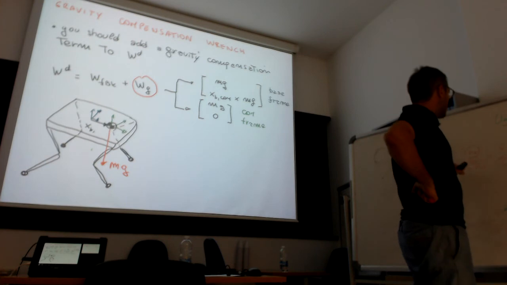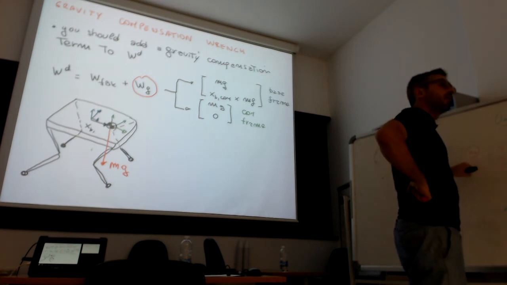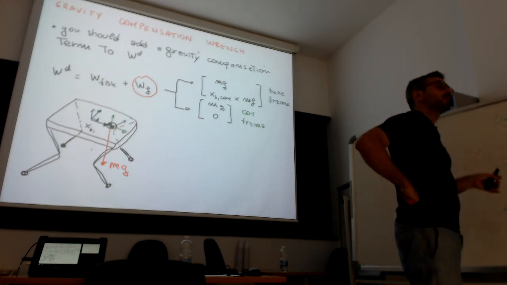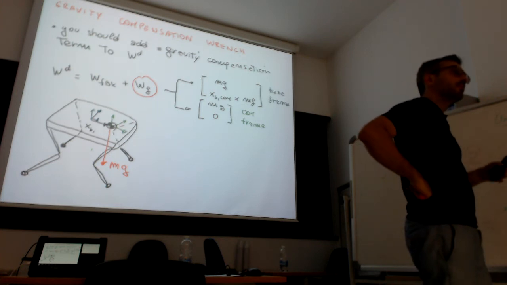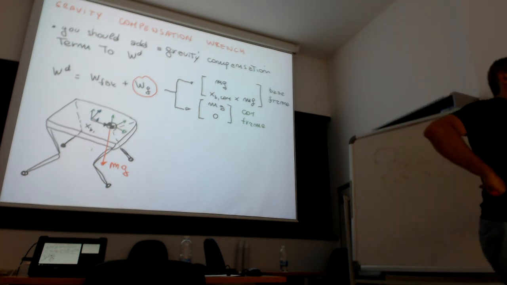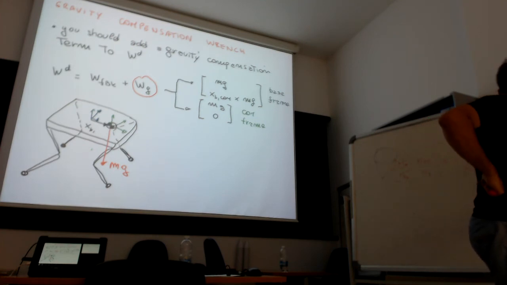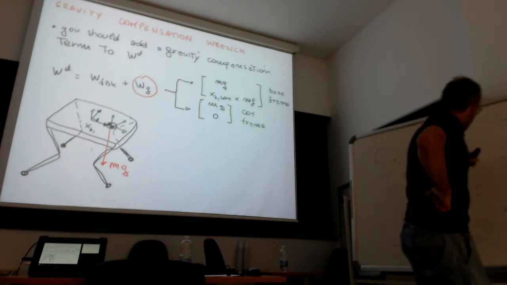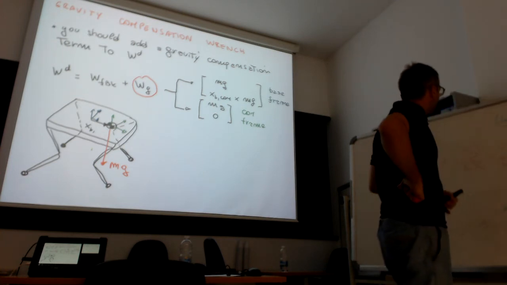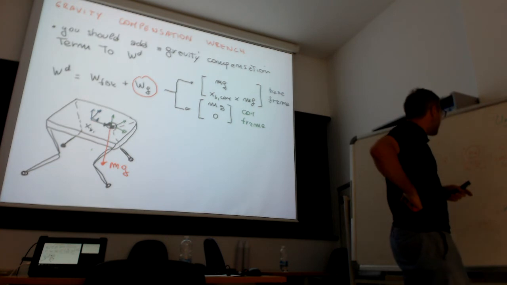From my experience, I noticed that if you don't put this term, you have problems. You have errors. You don't manage to have zero tracking error. That's why. But it's a good question. This term doesn't have only the gravity of the trunk. There's also the gravity of the link.